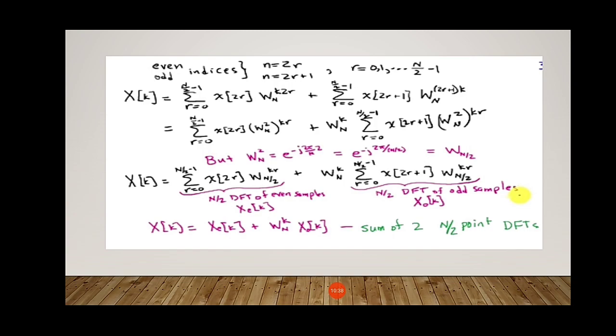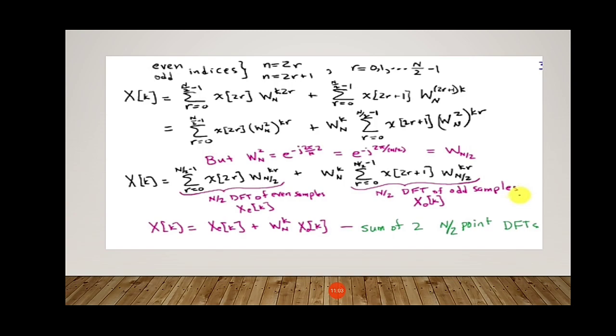Now if we notice, W_N to the power 2 is equal to e to the power minus j 2 pi by capital N into 2, which can also be written as e to the power minus j 2 pi by N by 2. That is, it can be written as W_N by 2 if you compare it with the twiddle factor W_N.